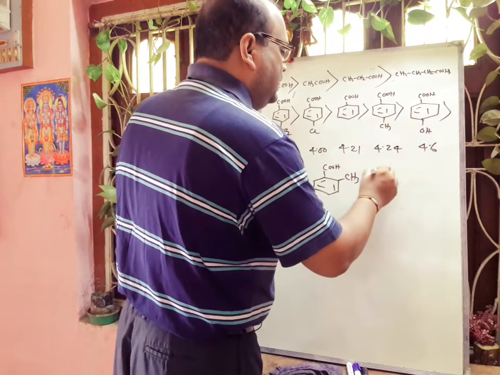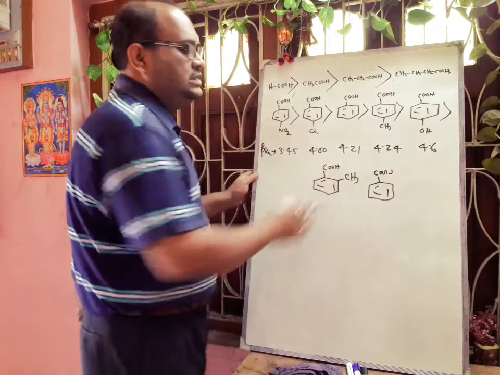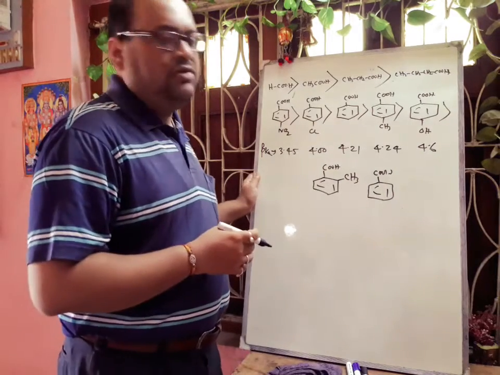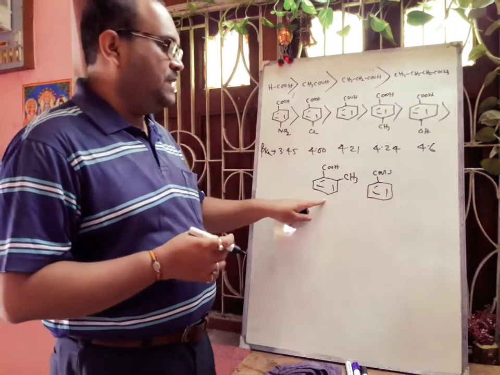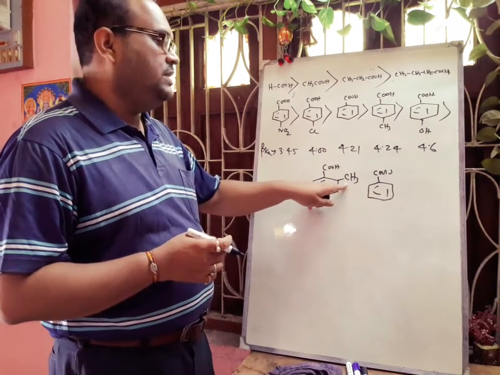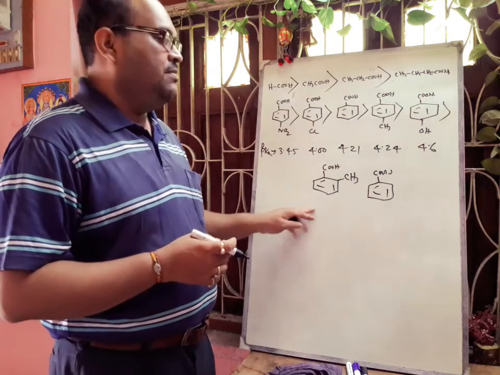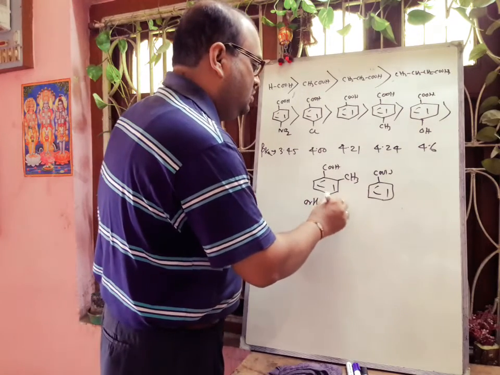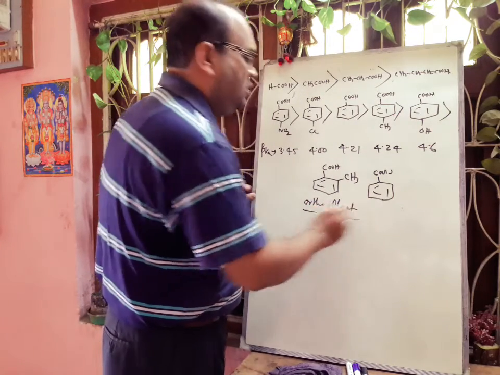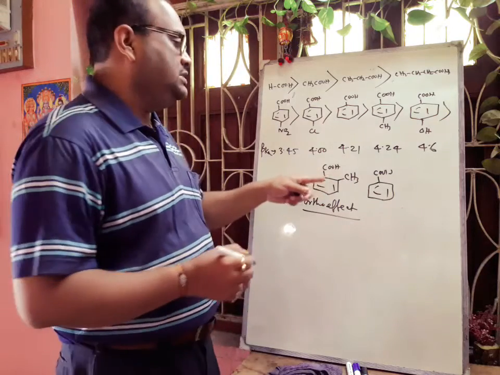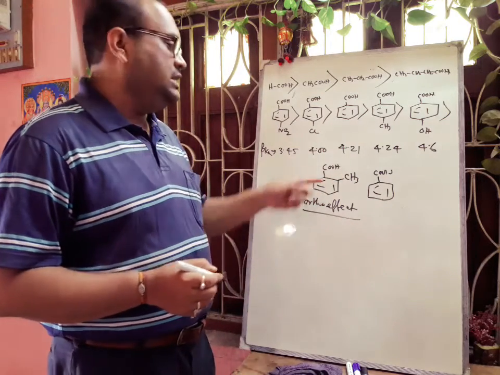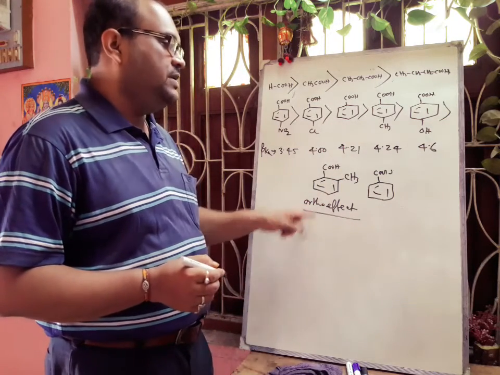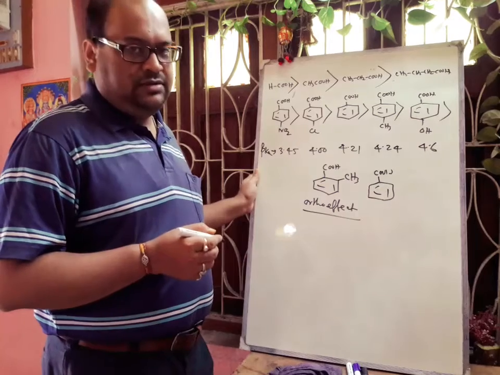You will think that as this is an electron donating group, definitely the acidity of this ortho-methylbenzoic acid will be less. But actually, because of the ortho effect, two effects are there. One is the steric effect, another is the stereoelectronic effect. Okay, because of the ortho effect, the acidity will be higher. Understand?